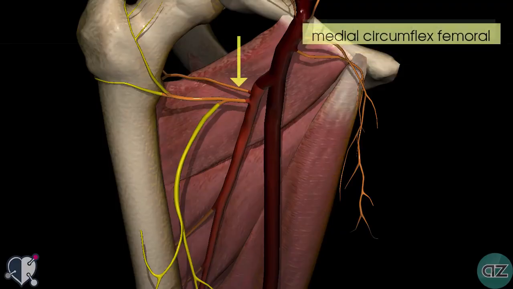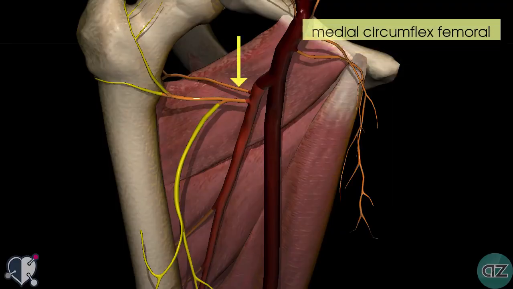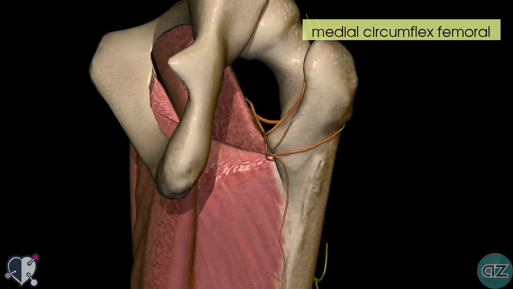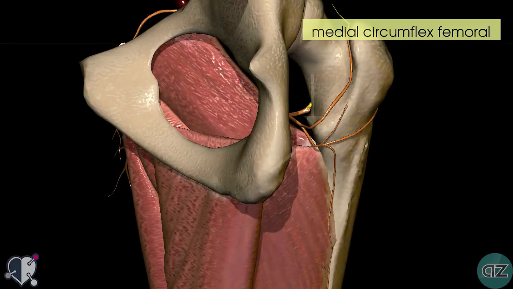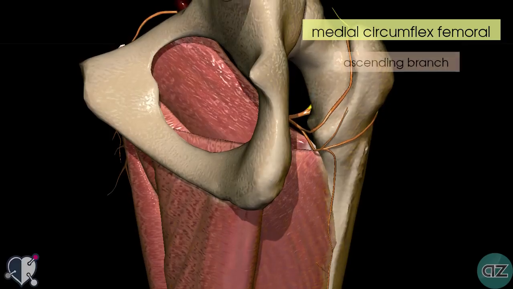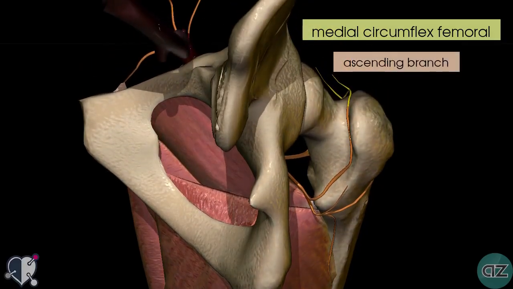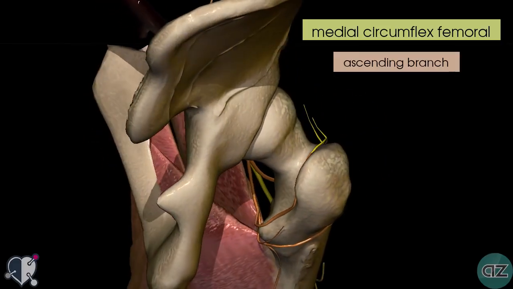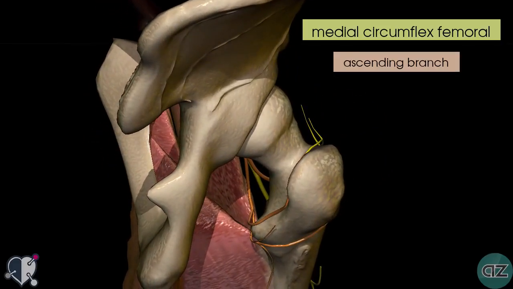So the medial circumflex artery you can see here coming off a bit more posteriorly from the profunda femoris artery. And if I just rotate the model around, you can see how it has two branches. So it's got one branch which, like the branch of the lateral circumflex artery, ascends. So there's an ascending branch which anastomoses with the ascending branch of the lateral circumflex artery, and you can see that here.